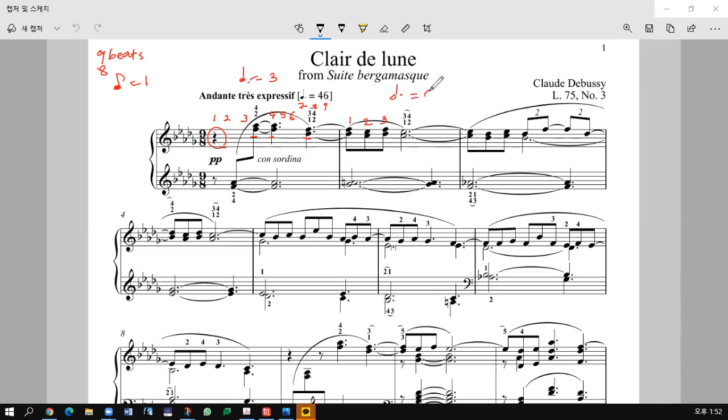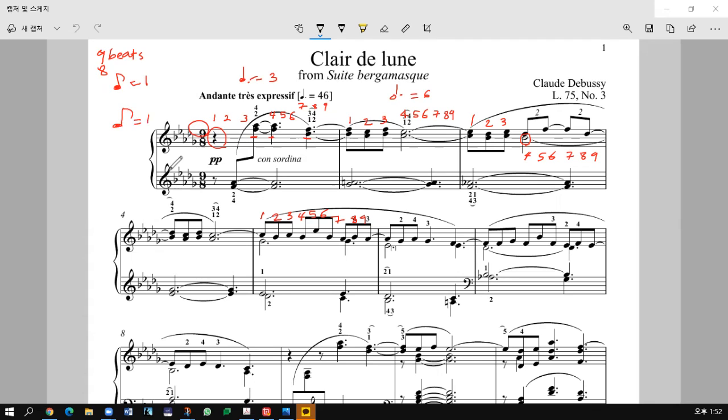How many eighth notes? 6. 4, 5, 6, 7, 8, 9. 1, 2, 3. Oh, we haven't learned this one. Skip. But you look at this one, it's 4, 5, 6, 7, 8, 9. 1, 2, 3, 4, 5, 6, 7, 8, 9. Okay, so each measure satisfies the 9 beats, right?